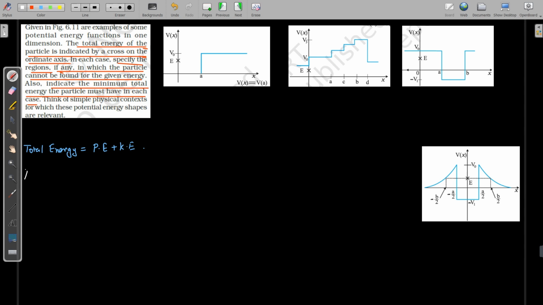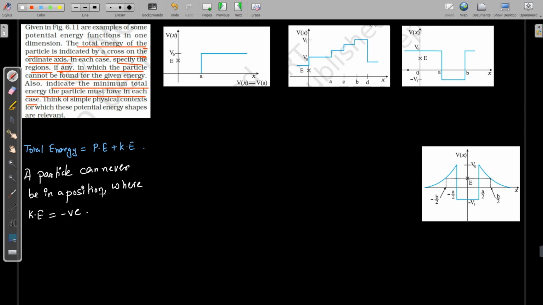a particle can never be in a position where kinetic energy is negative.